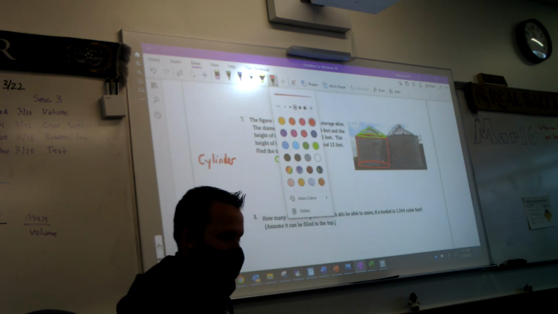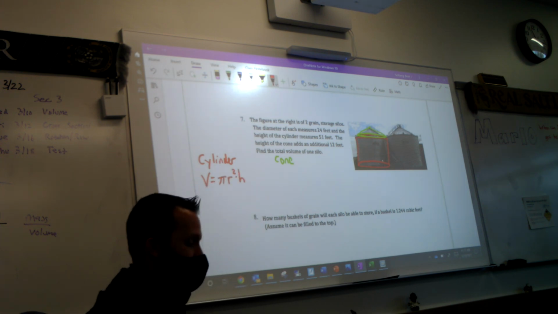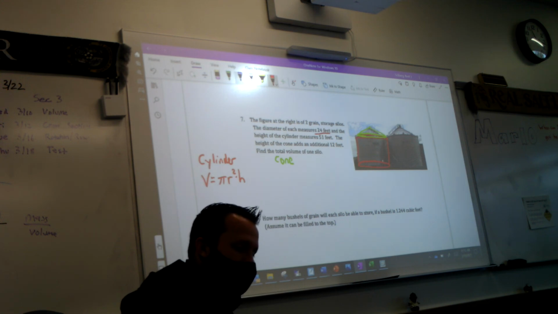What is our formula for the volume of a cylinder? Pi r squared and then h. All right, let's read through this and see if we can figure out any of that. The diameter of the silo is 24. So if I'm going all the way across, that's 24.